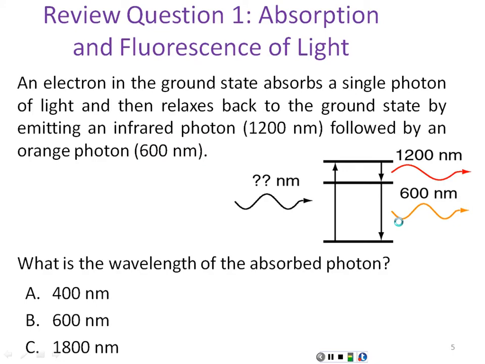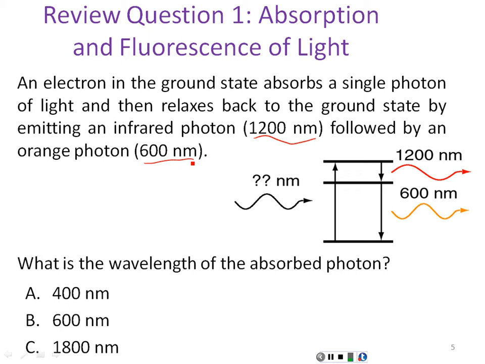All right, let's start with some review questions. Question 1: if an electron in the ground state absorbs one photon of light, then relaxes back to the ground state by emitting an infrared photon with a wavelength of 1200 nanometers, followed by an orange photon of 600 nanometers, what is the wavelength of the absorbed photon?